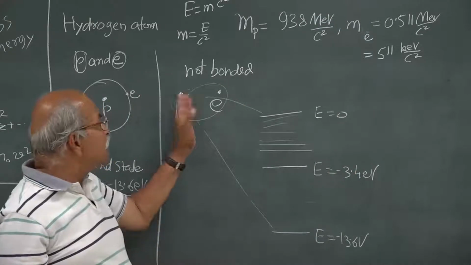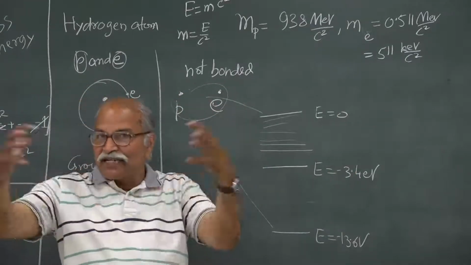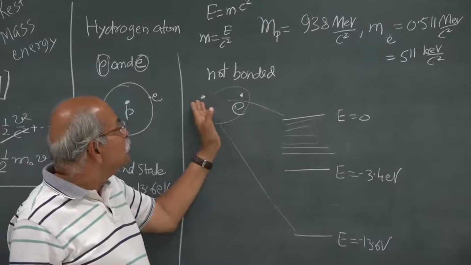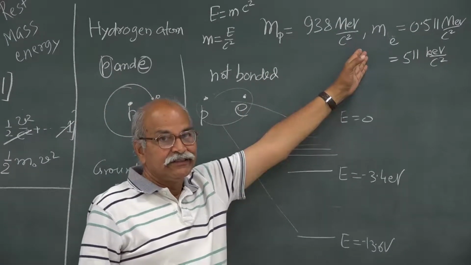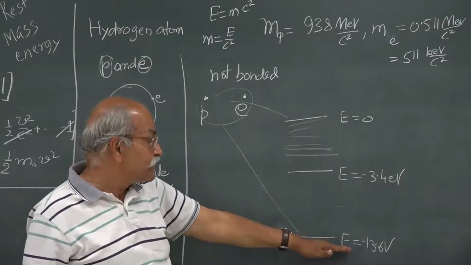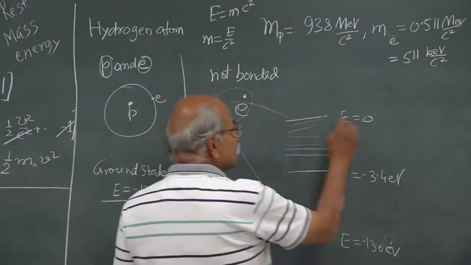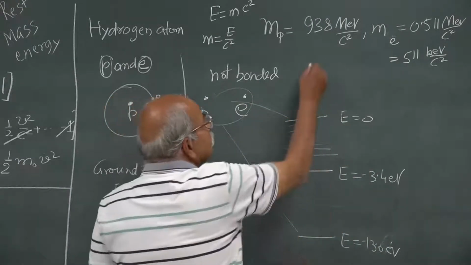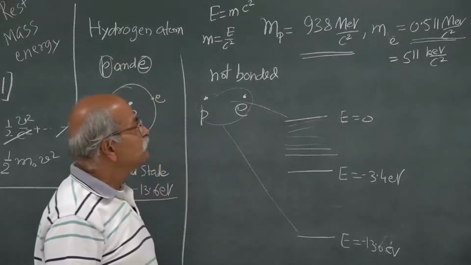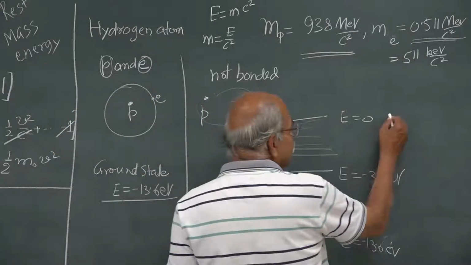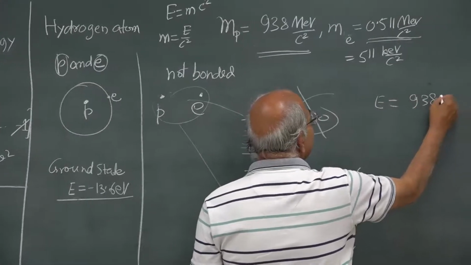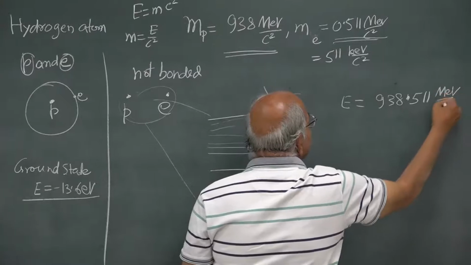If you have a proton and an electron which are separated from each other, no bonding, it is not a hydrogen atom, then the rest mass of this combination will be this plus this. 938 MeV by c square plus 0.511 MeV by c square, so the energy here is 938.511 MeV by c square.